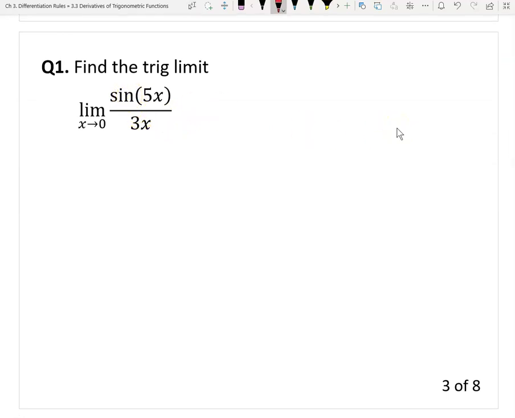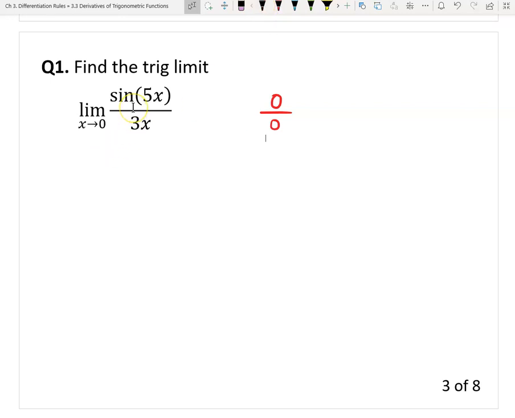If we can do direct substitution, because the top and the bottom are continuous functions. If I directly substitute at the top, sine at 0 is 0. The bottom is also 0. If we directly substitute, we get 0 over 0, which means it is indeterminate, so we have to do something else.